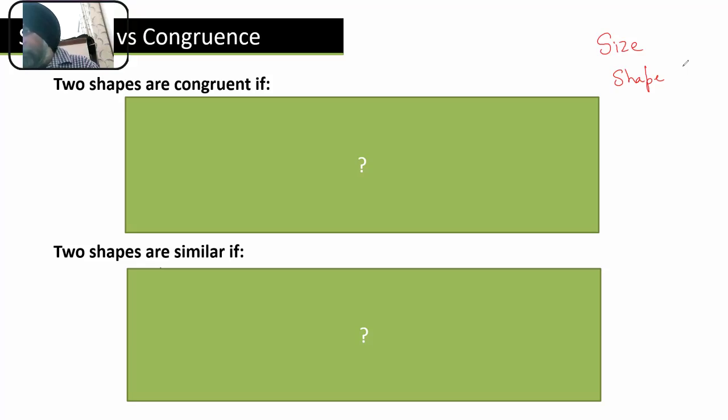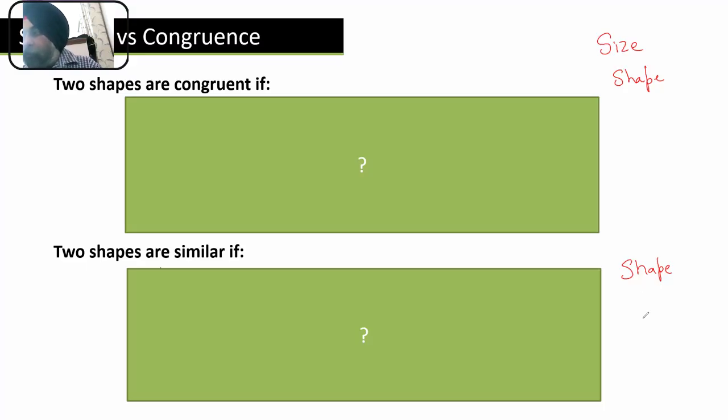So what about similarity? How can we say that two things are similar? For similarity, the two things being compared should have the same shape, but may or may not have the same size. Why am I saying so?